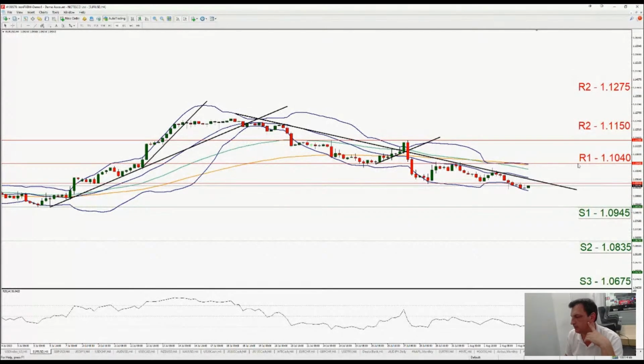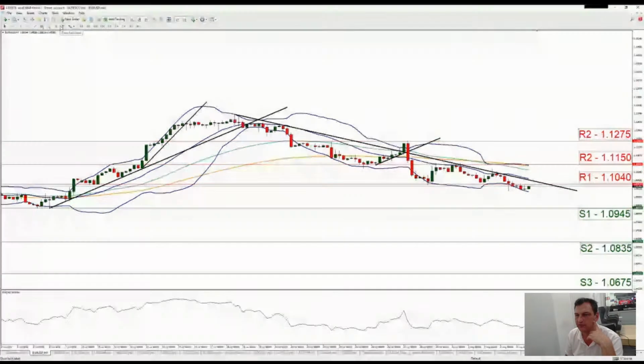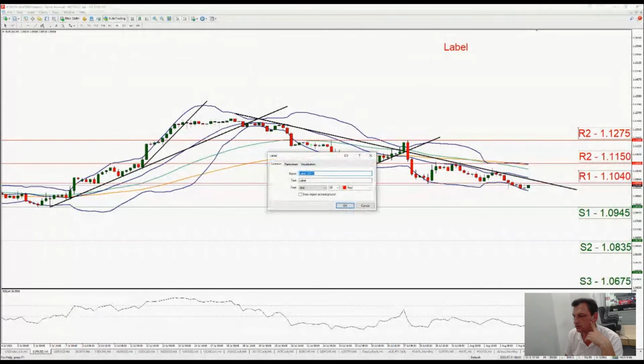Now, the pair Euro USD seems to remain mainly USD driven. And allow me at this point, my bad, I forgot to actually put a label with the title of the pair.